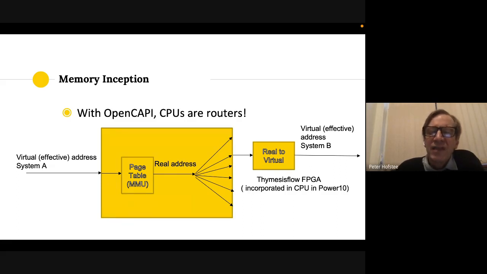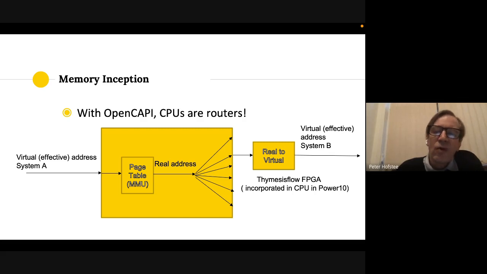So that really means that a CPU used this way is effectively a router, with the page table being the equivalent of a routing table. And if I take the data that comes out over one of these ports and translate the real address back to a virtual address that can be understood by a next system that I connect to, then I can actually even create multi-hop routers.